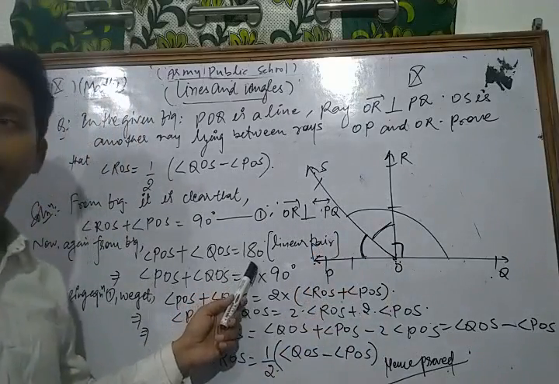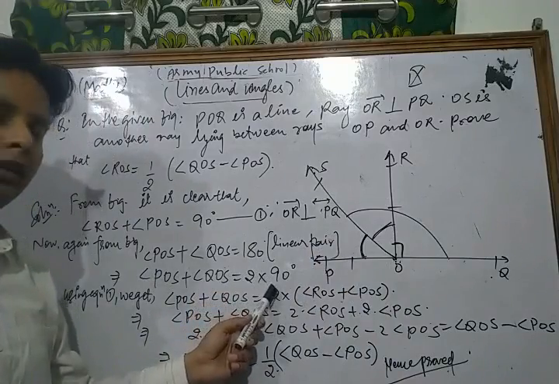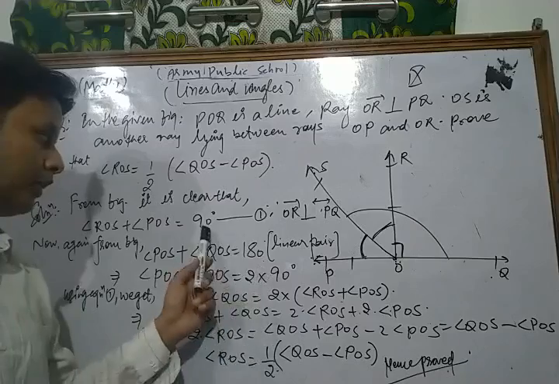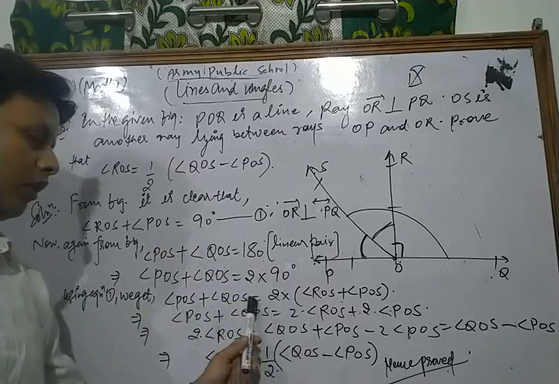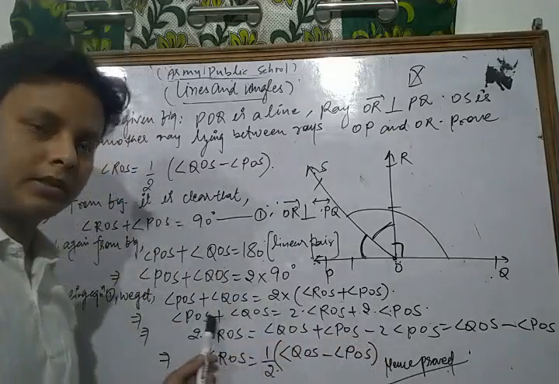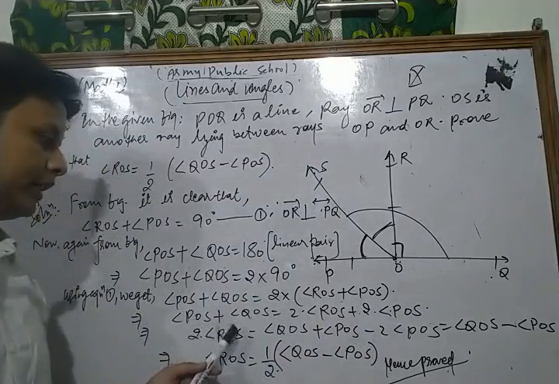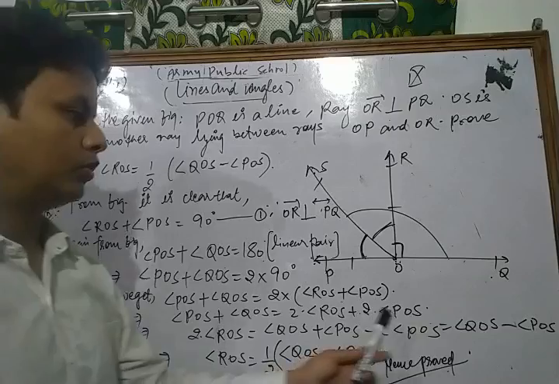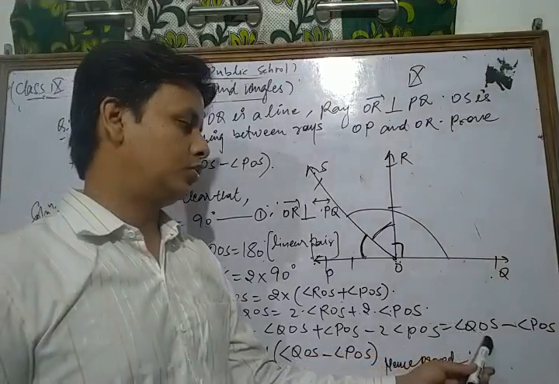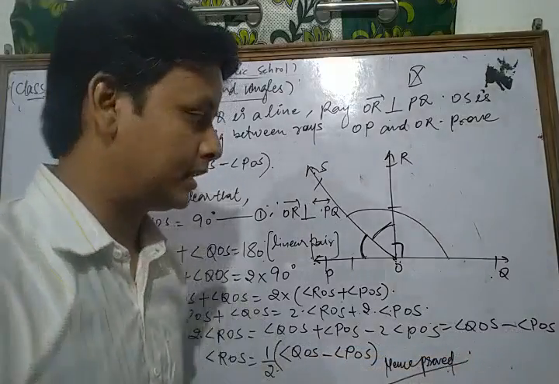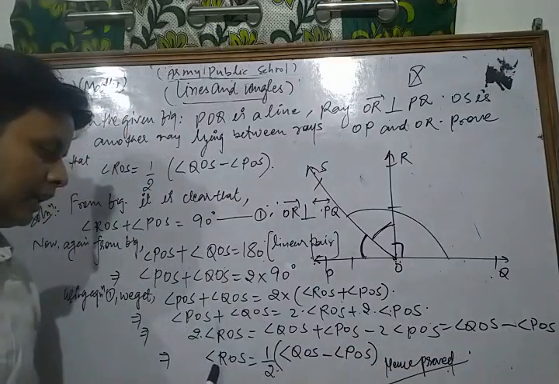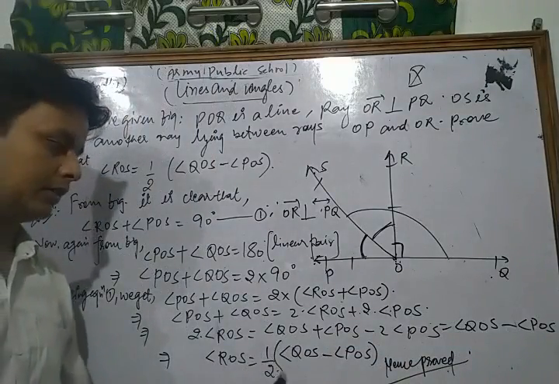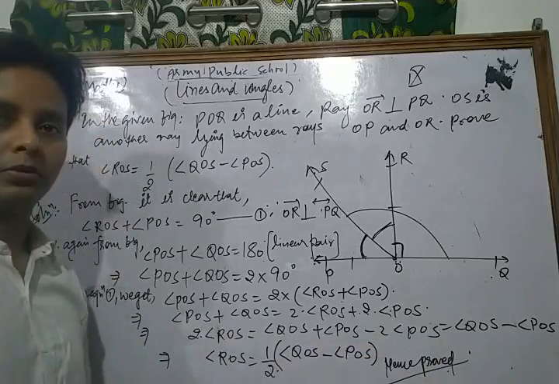Now we can write 180 as 2 times 90. Using equation 1 we put the value of 90 degrees as this. After simplifying, we get 2 times angle ROS is equal to angle QOS minus angle POS. So angle ROS is equal to 1/2 times angle QOS minus angle POS.